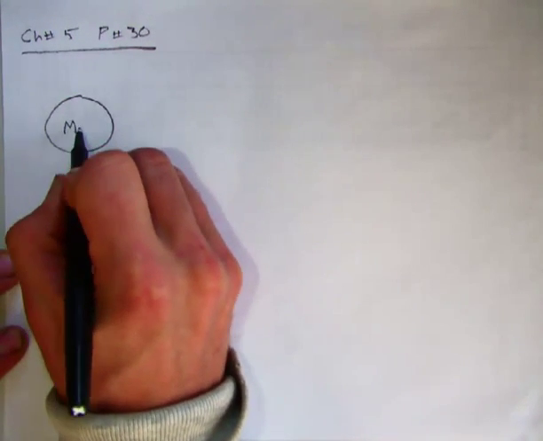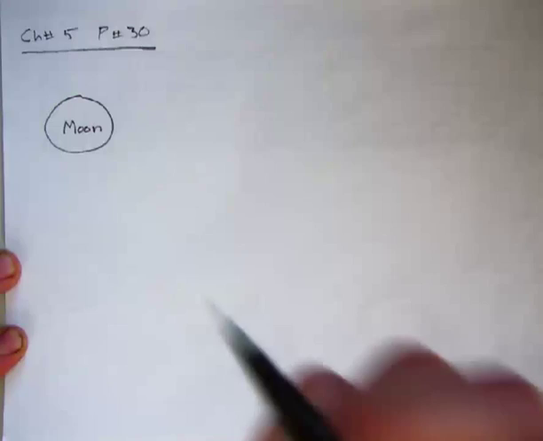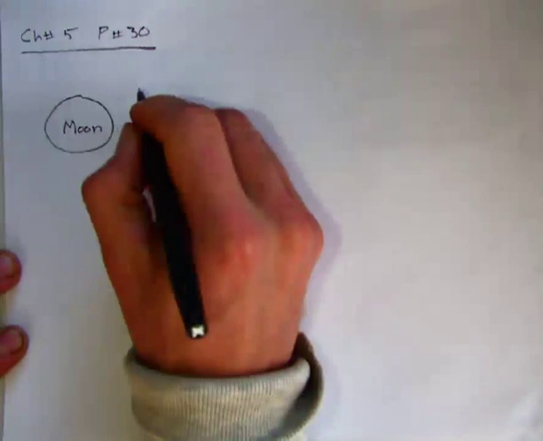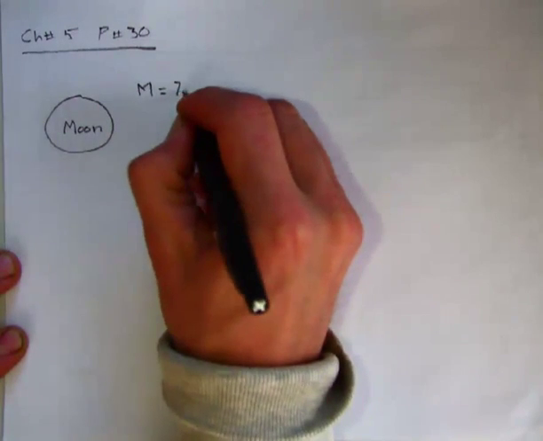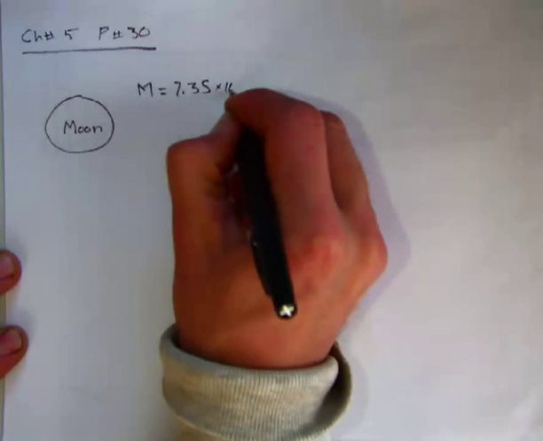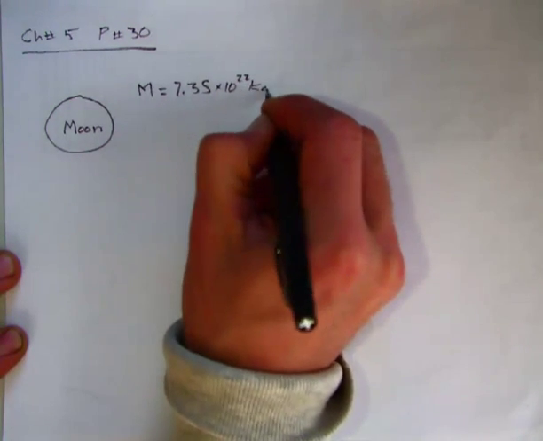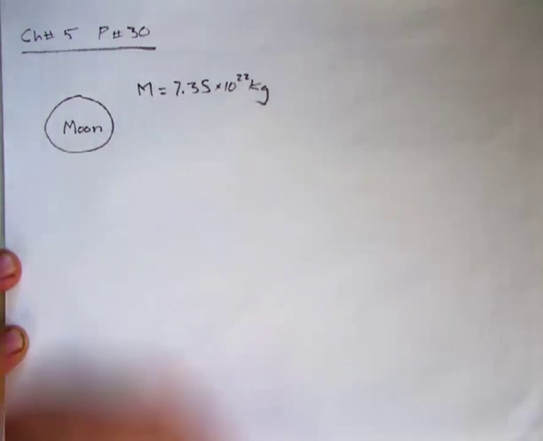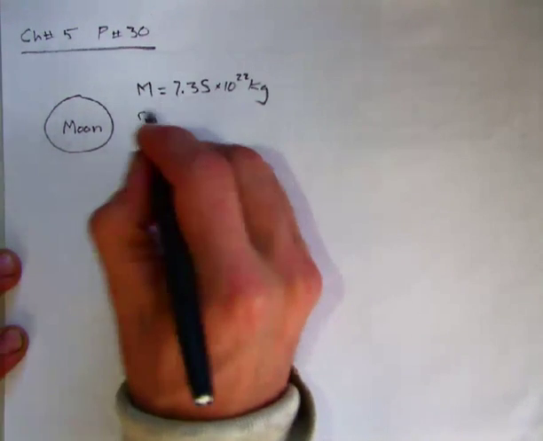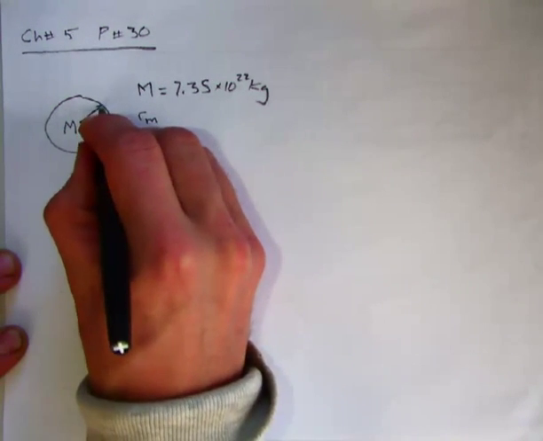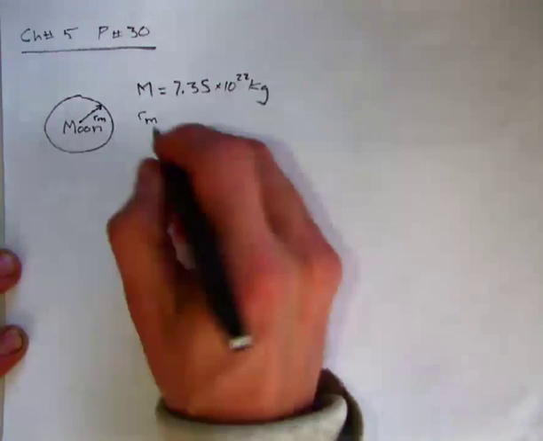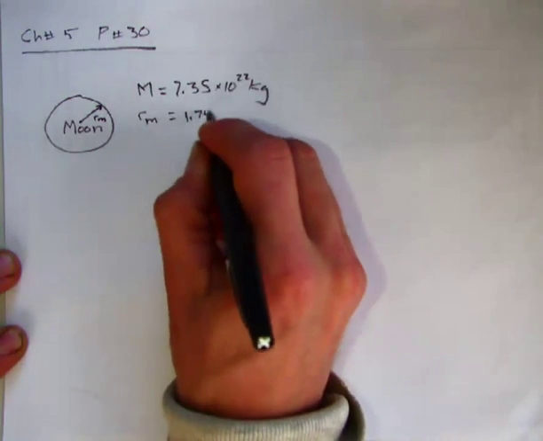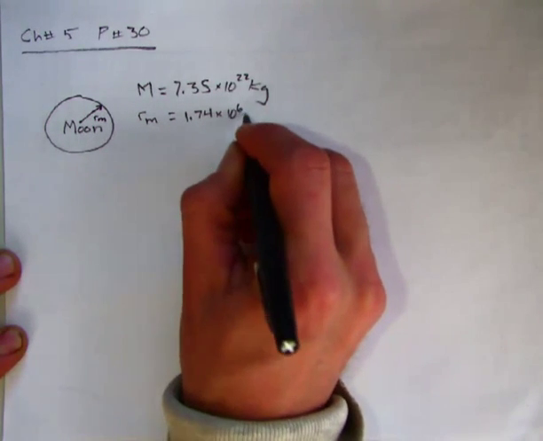So this problem states the moon has a mass of 7.35 times 10 to the 22nd kilograms. And it also says that the radius of the moon, r sub m, I'm going to call that, is 1.74 times 10 to the 6th meters.